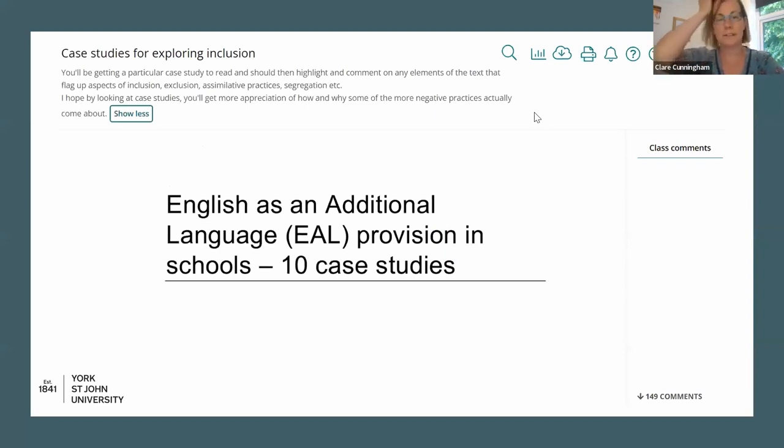I have this enormously wonderful resource: a few years ago, some people for government did some case studies on provision in schools for English as an additional language, and the case studies were entirely ignored by government because, of course, there was a small matter of a general election. And so all of this work got completely ignored, except I use it in my teaching.